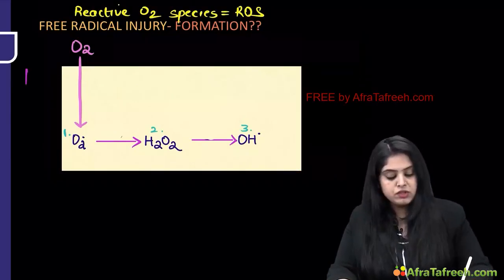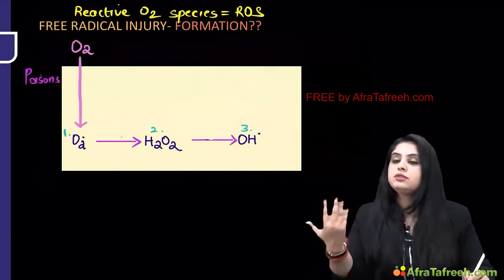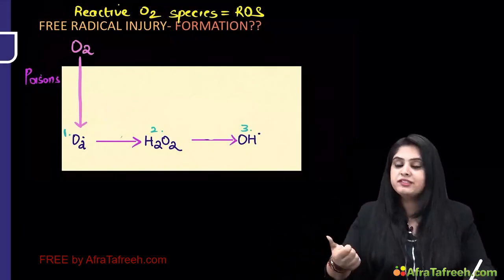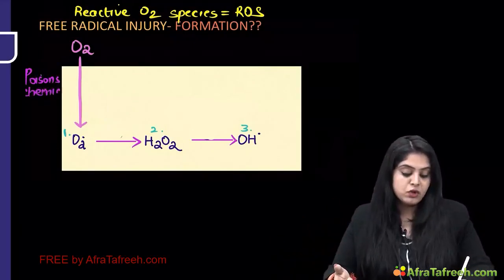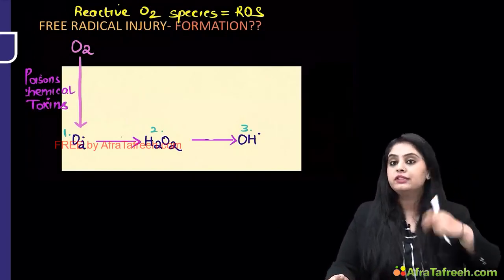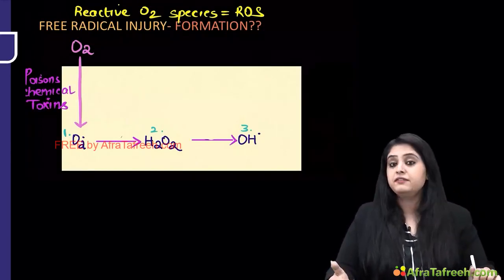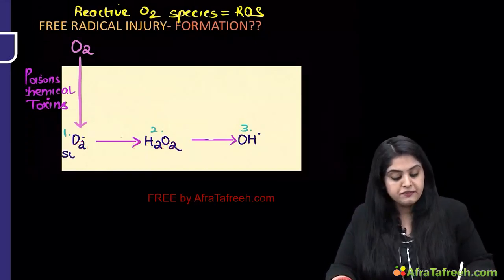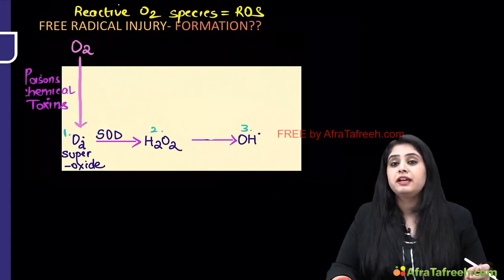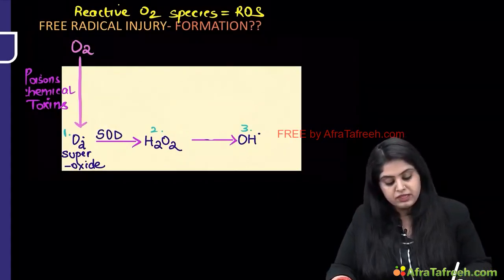Whenever we have oxygen, of course, we always have oxygen, but thanks to the air pollution, the AQI, the water pollution, and so many pollutions around us, we have poisons, we have chemicals, we have toxins, we have so many things that we don't need around us, and they convert our oxygen into these free radicals. So the first free radical is superoxide. Now how will superoxide change? Superoxide is going to change in the presence of an enzyme called SOD. What is SOD? Superoxide dismutase.